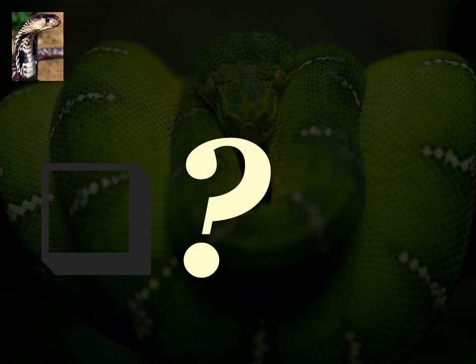So the time is up. The answer, I think some of you can guess, is that the bleeding manifestation, the major manifestation seen in case of viperine bite, occurs in the brain.